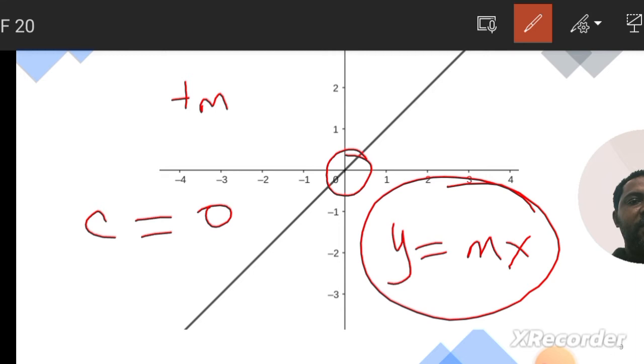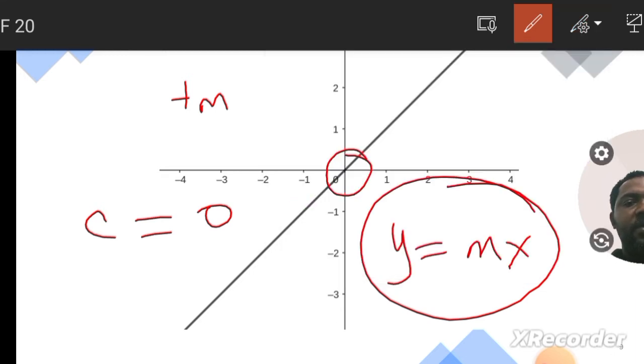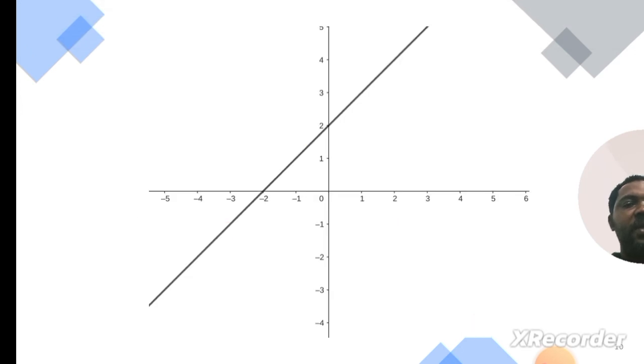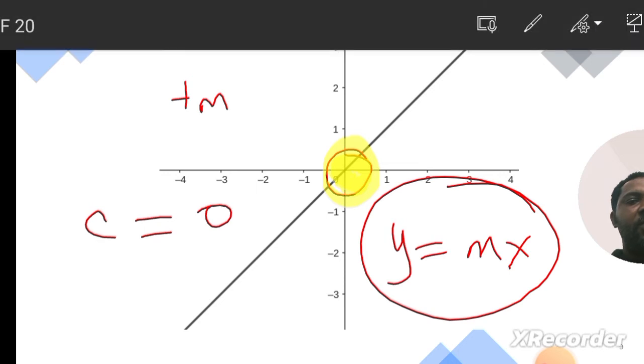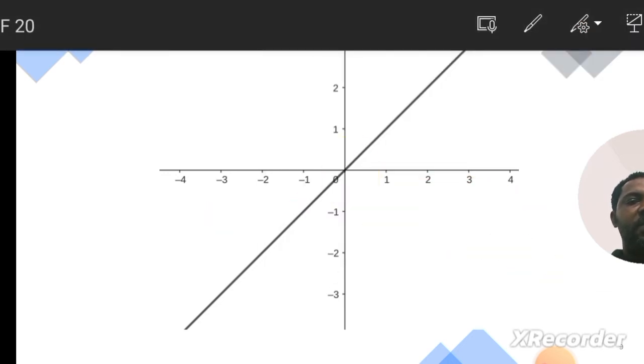Why is it 0? That is because the line passes through the origin, like we see here. So when you see a graph this way, you can say that this is a graph that describes y equal to mx.